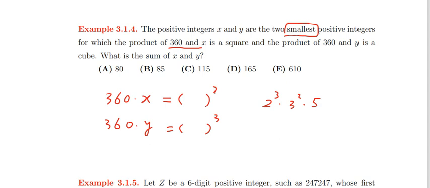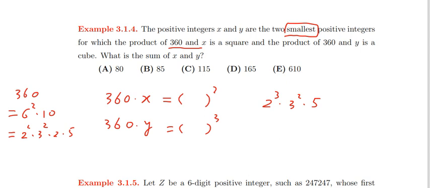Let's check this again. 360 equals 6 squared, right? 6 squared multiplied by 10, so equals 2 squared, 3 squared, and 2 times 5. So 2 cubed, 3 squared, 5.